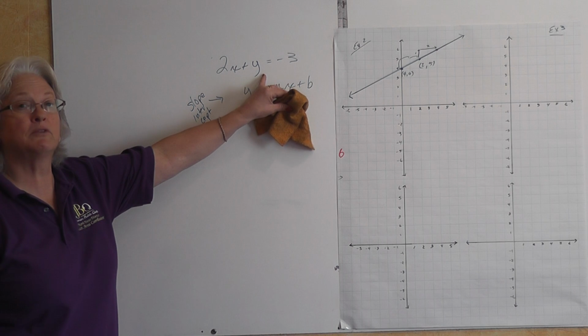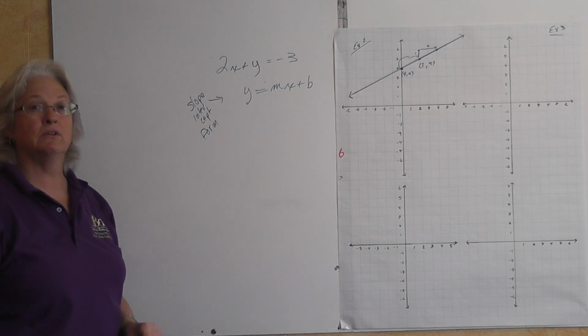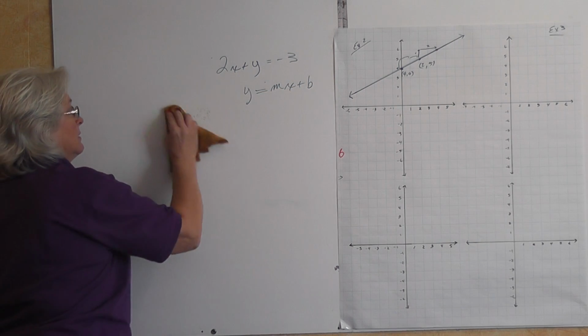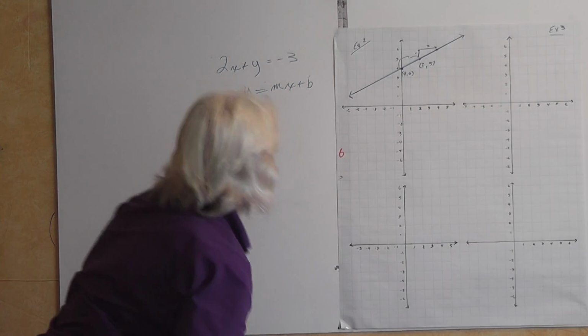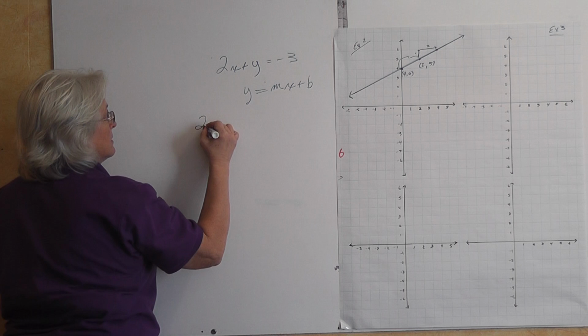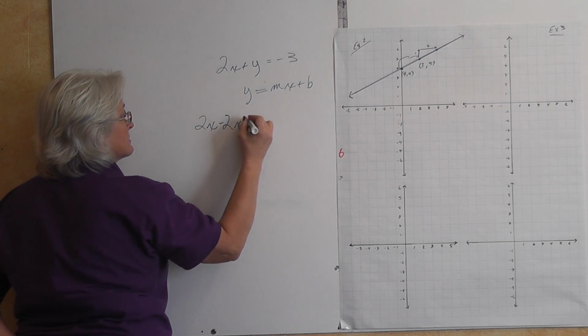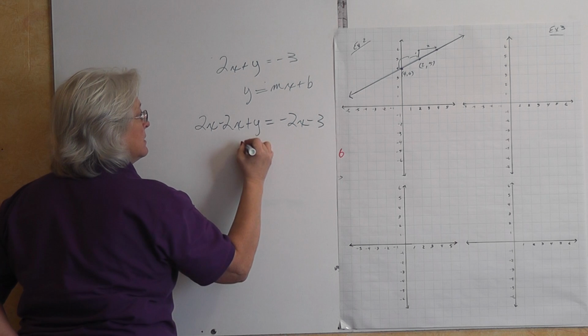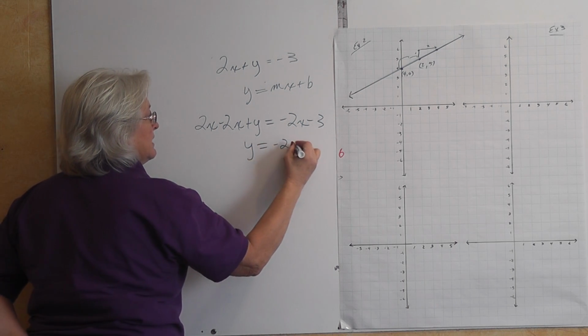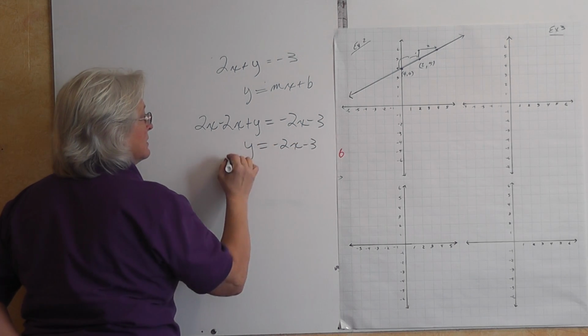We want to solve for y. We're going to do that by subtracting 2x from both sides of the equation. 2x minus 2x plus y is equal to -2x minus 3. y is equal to -2x minus 3.